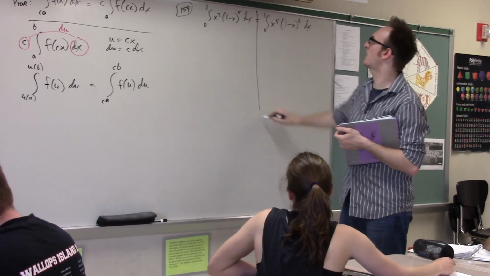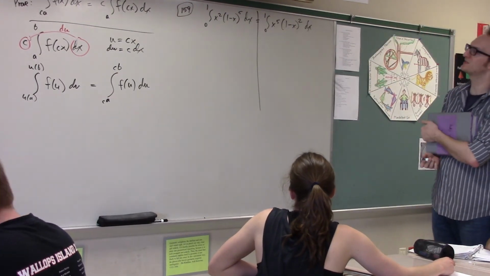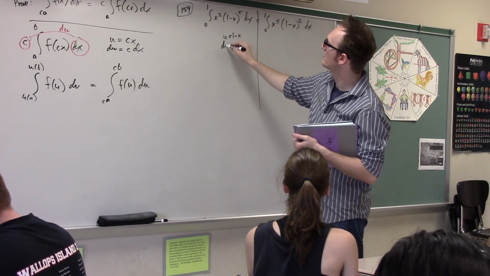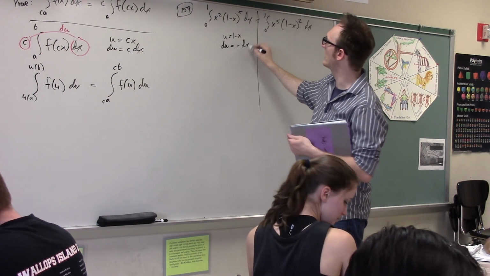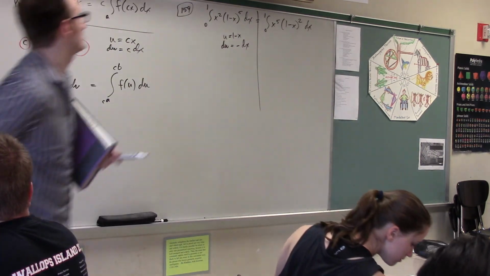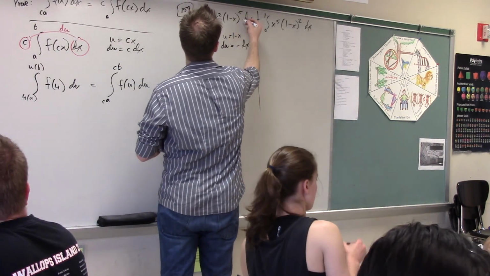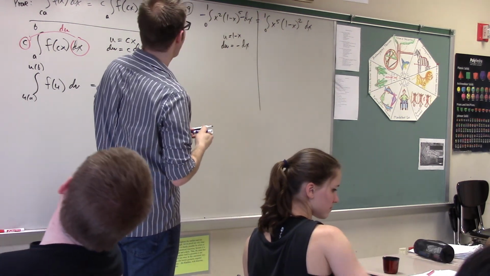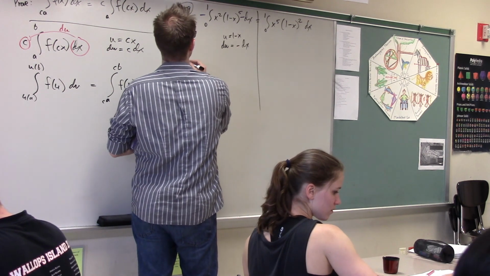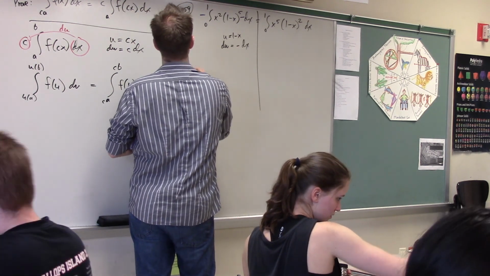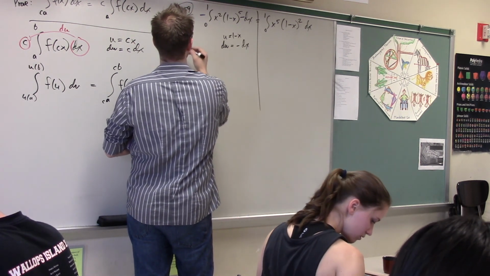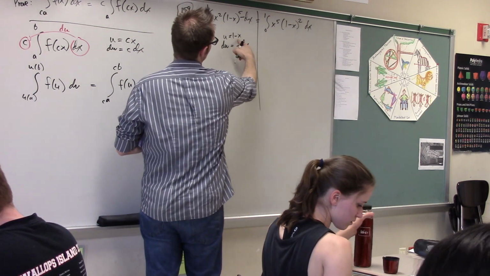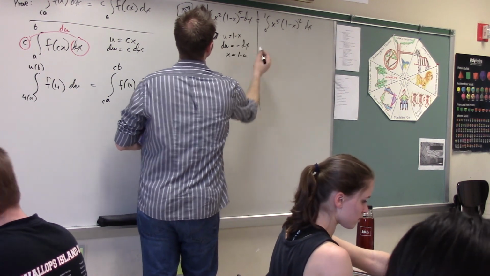So it doesn't matter which side we start with, let's start with the left-hand side. Well, if I let u be 1 minus x, then du is negative dx. And then I'm going to now just do the integral, right? Put in a negative, undo the damage with the negative on the outside. And now suddenly this gets converted to the opposite of the integral from u of 0 to u of 1 of, well, x is now 1 minus u, right?